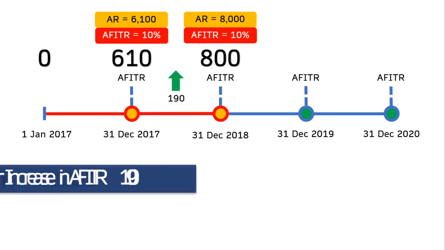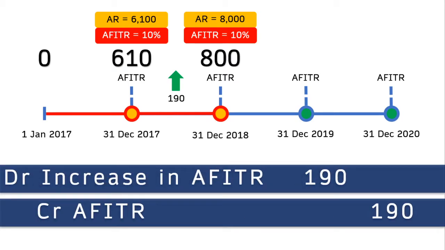So, we will record it as debit increase in allowance for impairment of trade receivables 190 and credit allowance for impairment of trade receivables 190. Here you can see that 610 plus 190 will make the balance of allowance for impairment of trade receivables to be 800. Again, the increase in allowance for impairment of trade receivables will be treated as your expenses.